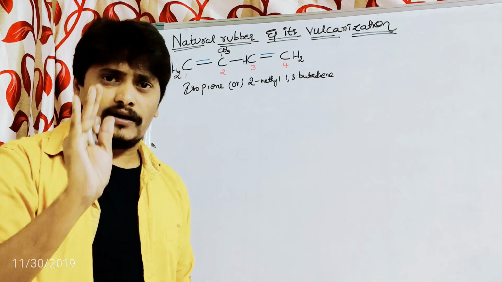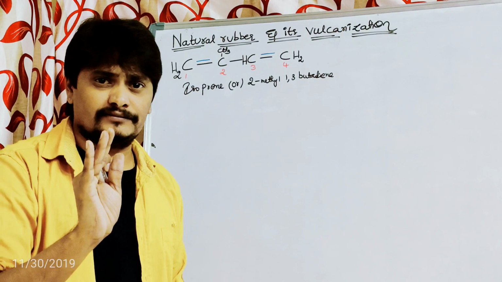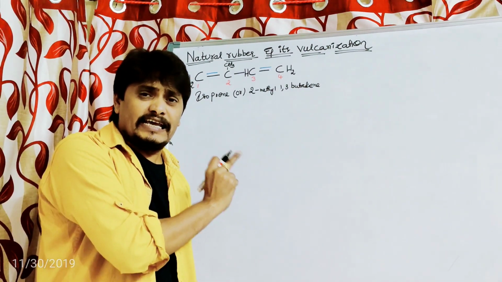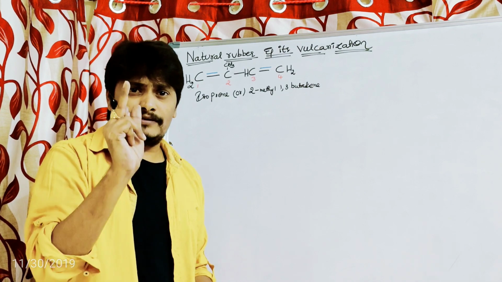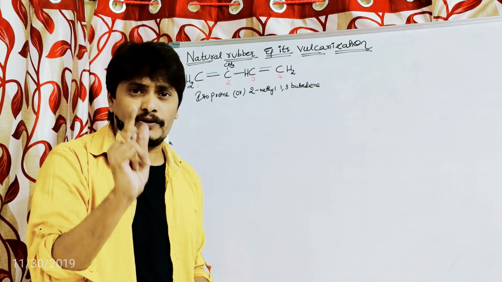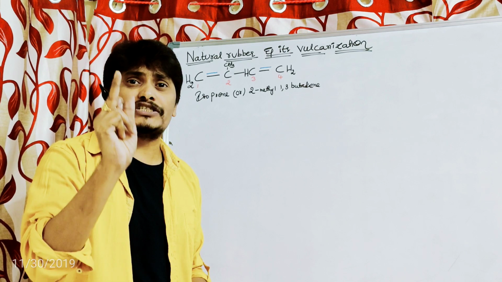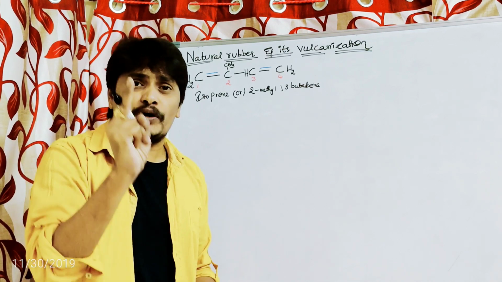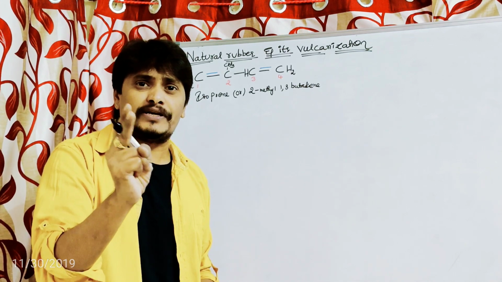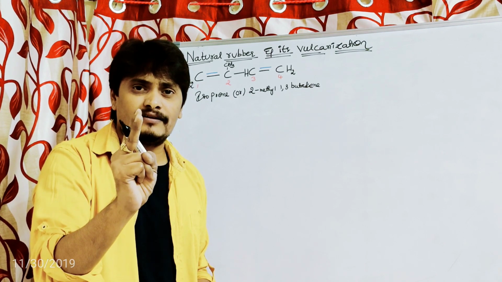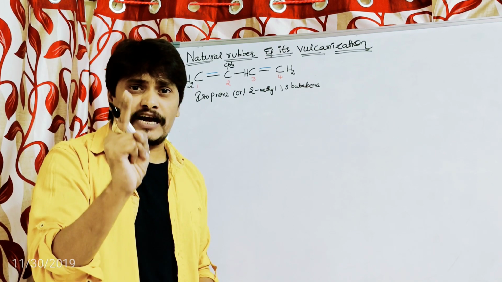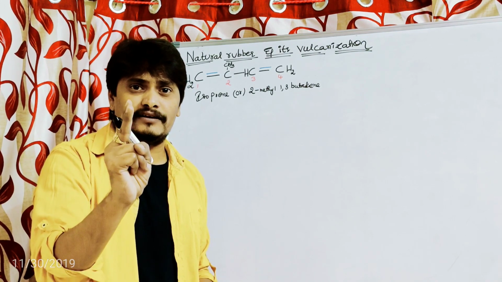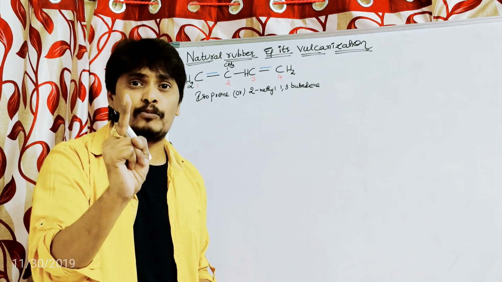Since it is a single unsaturated monomeric unit, it will undergo addition or chain growth polymerization. If two different unsaturated monomeric units are present, then they will undergo copolymerization. If the monomeric units contain functional groups, then they undergo condensation or step growth polymerization.